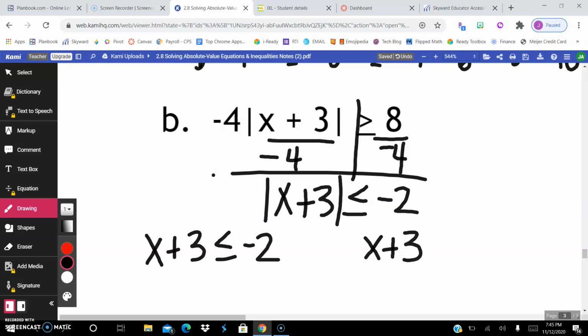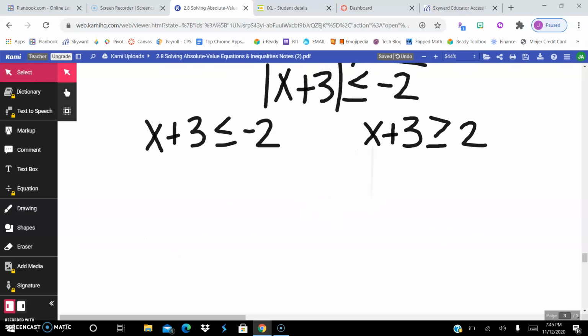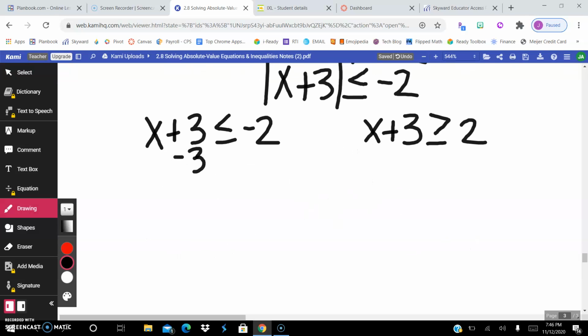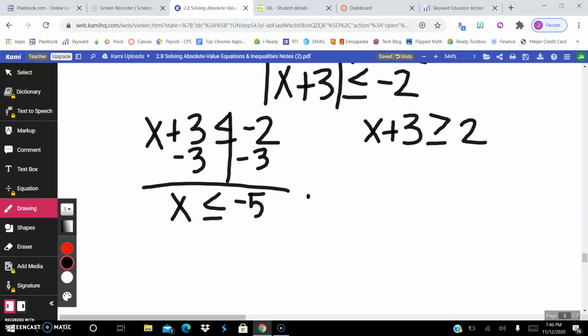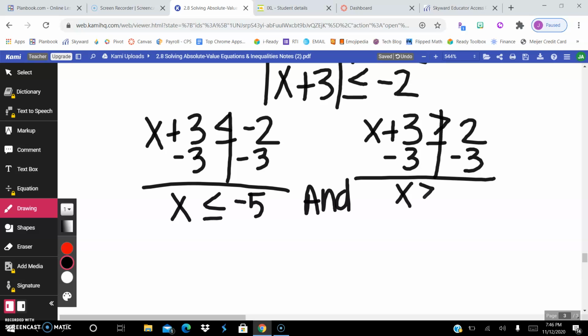And then the other one, we want to flip that sign and make the a opposite. So I'm going to subtract 3 from both sides. We get negative 5. And over here, minus 3 from both sides. 2 minus 3 would be negative 1.